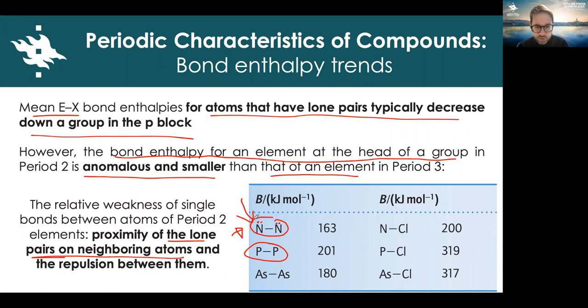Because of the proximity of the lone pairs, which leads to repulsion between them, this weakens the bond. And this is observed here for the bond of two nitrogen atoms, but we can also observe this when we have nitrogen with another type of element, such as chlorine, for example. You can see these trends also occurring.